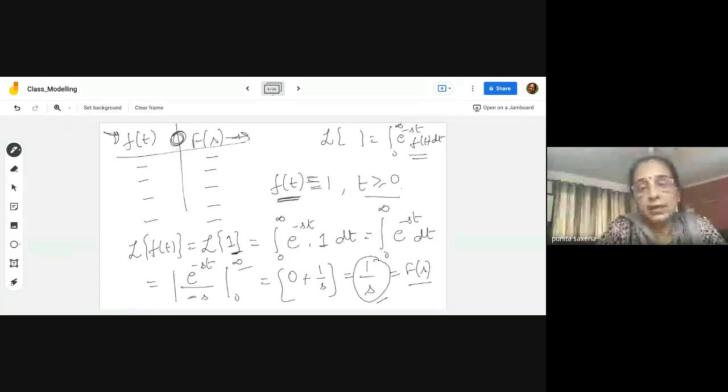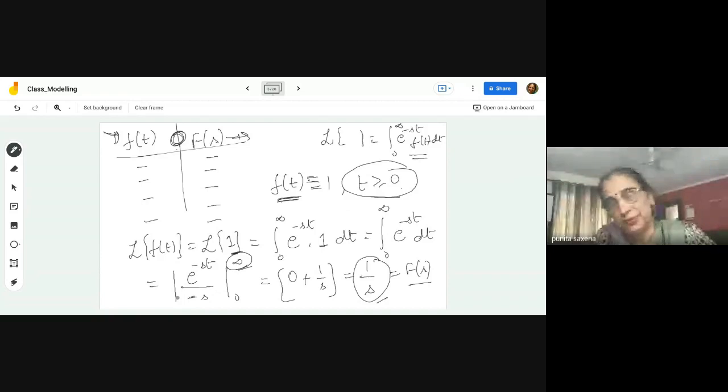Now note one thing here. We had this limit exist when? When can we be sure that the upper limit is going to be 0? We just imposed one condition on t, that it is more than or equal to 0. We did not impose any condition on s so far. Will the upper limit always be 0?